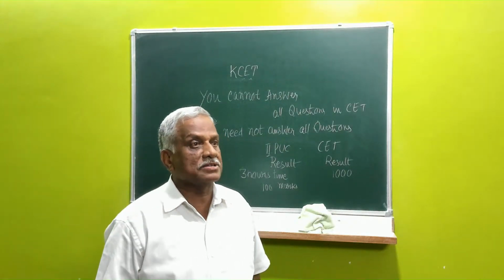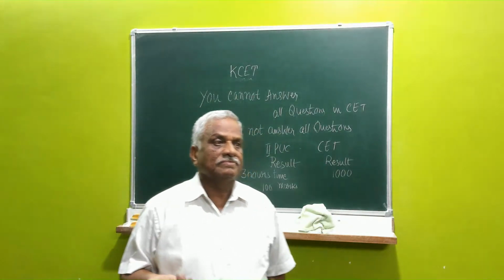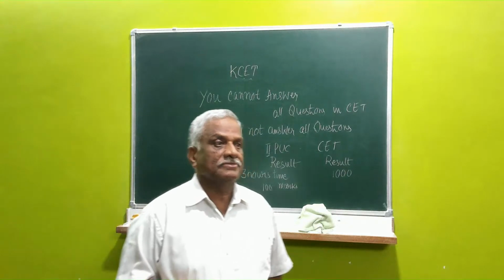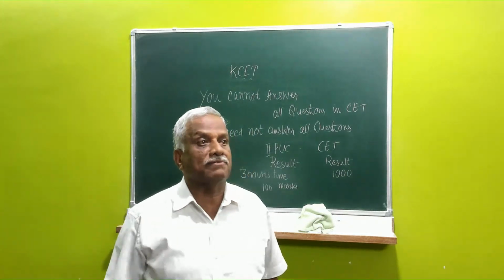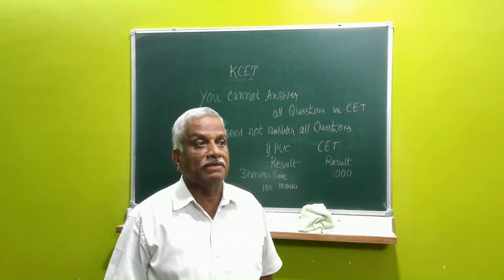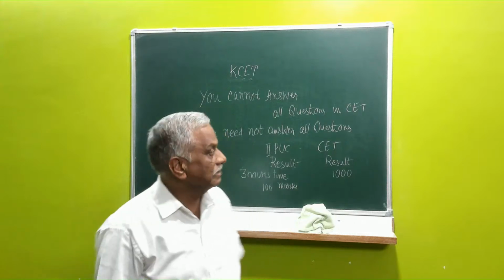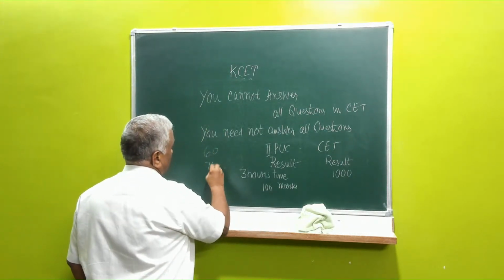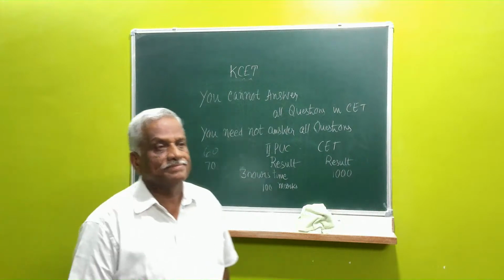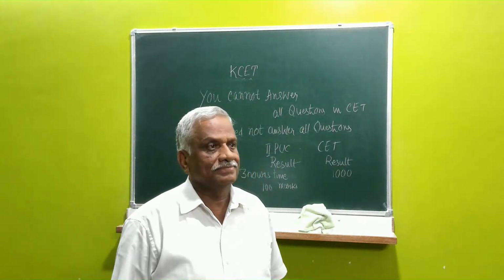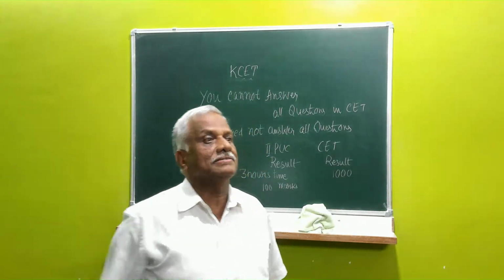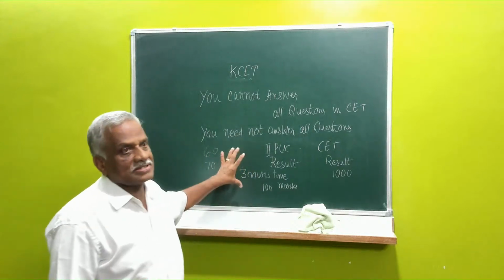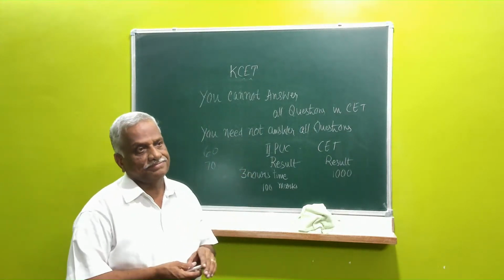So for 100 marks you have 3 hours; for 50 marks itself we have got 1.5 hours, that is 90 minutes. But in CET, for 60 questions, we have 70 minutes. More than that, this is an essay type examination.